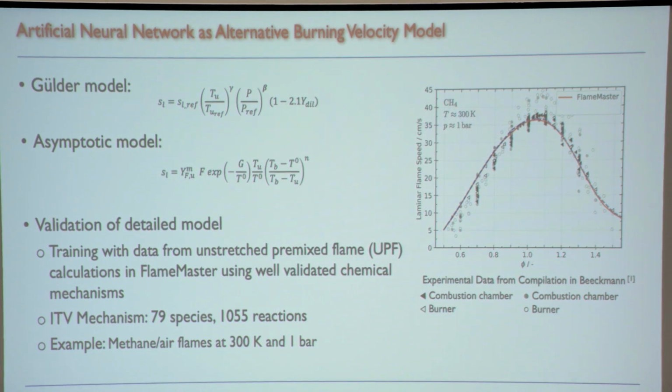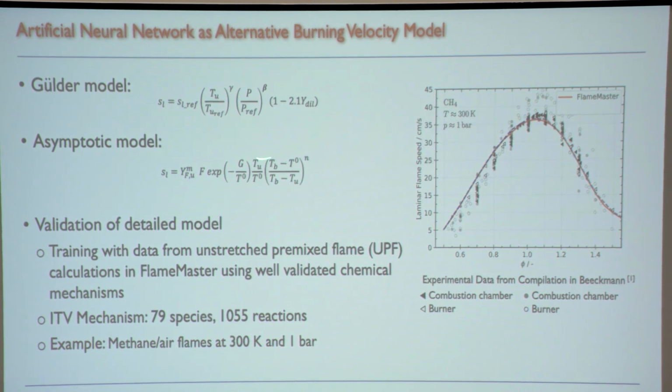This works then of course for all equivalence ratios. It's compared here with the asymptotic model, and there's also the Gülder model. People use these models in simulations, for example, for internal combustion engines. You have an internal combustion engine, you use a flame speed based model, then you need the flame speed, the burning velocity as a function of pressure, temperature, and so on to plug it in, for example, into the level set equation.